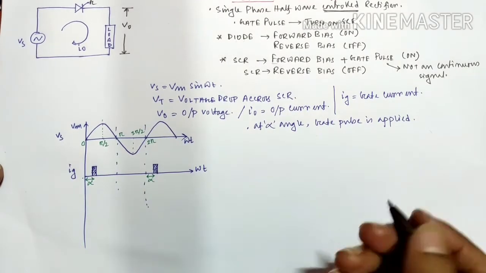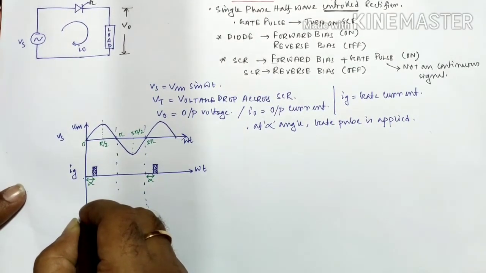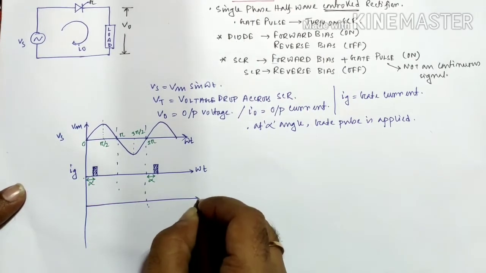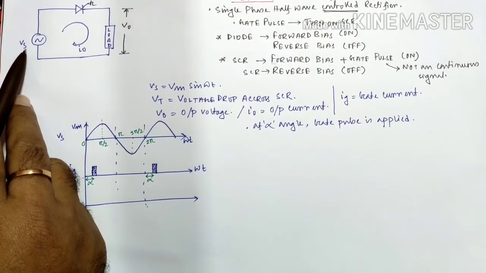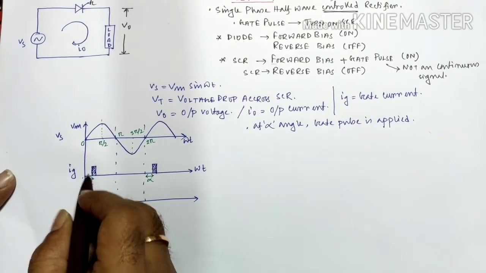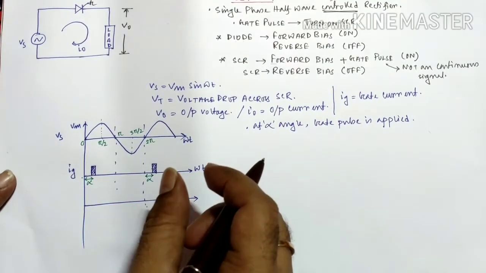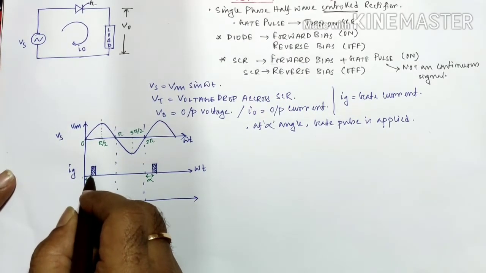Omega is the angular frequency, known to everyone, hopefully. Now what will happen? That is the supply voltage that we have given here. Biasing is positive. At this particular angle, we have applied the gate pulse.